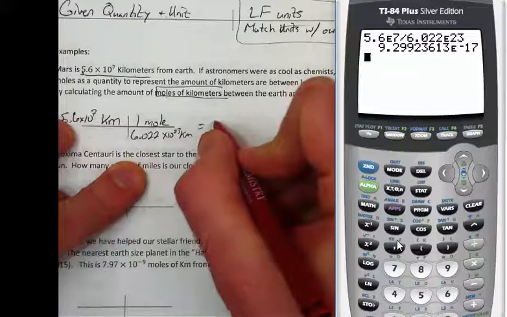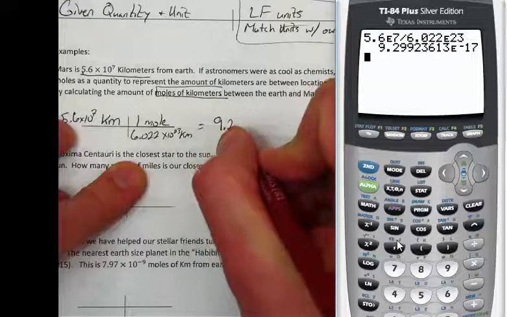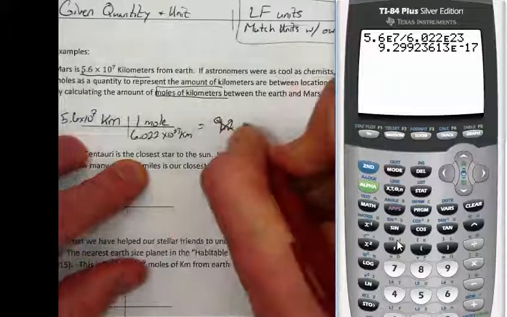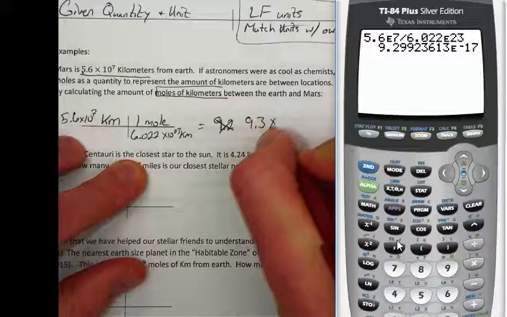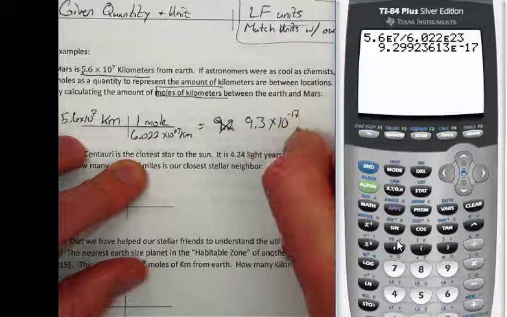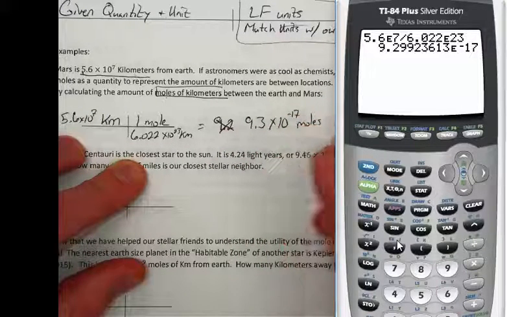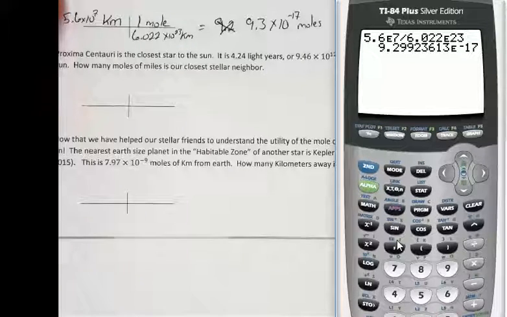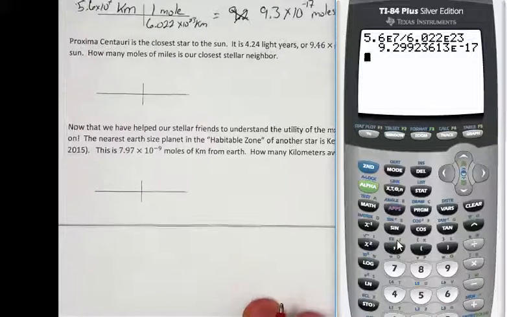So our answer should be 9.2. Actually, according to sig figs, it should be 9.3 times 10 to the negative 17th moles of kilometers to Mars. And that's all.